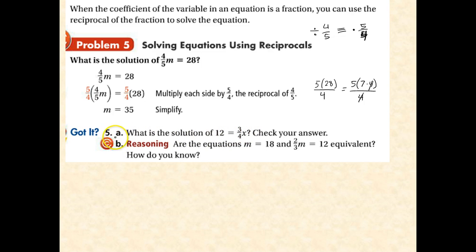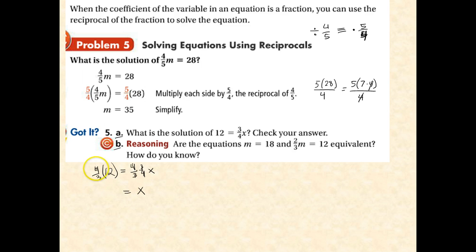And then B. Alright, so what's the solution of 12 equals 3/4 x? So x is being multiplied by 3/4. You might say, I want to divide by 3/4. Dividing by 3/4 is the same as multiplying by the reciprocal, so I'm going to multiply by 4 over 3. 4 over 4 is 1, 3 over 3 is 1, so I get x.